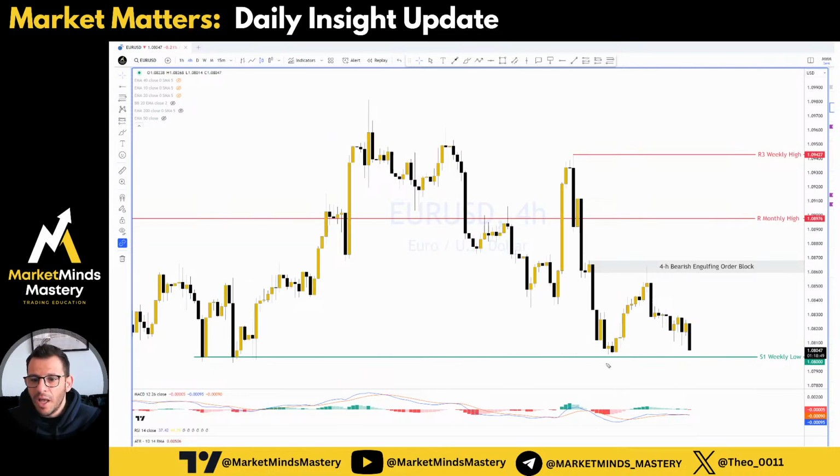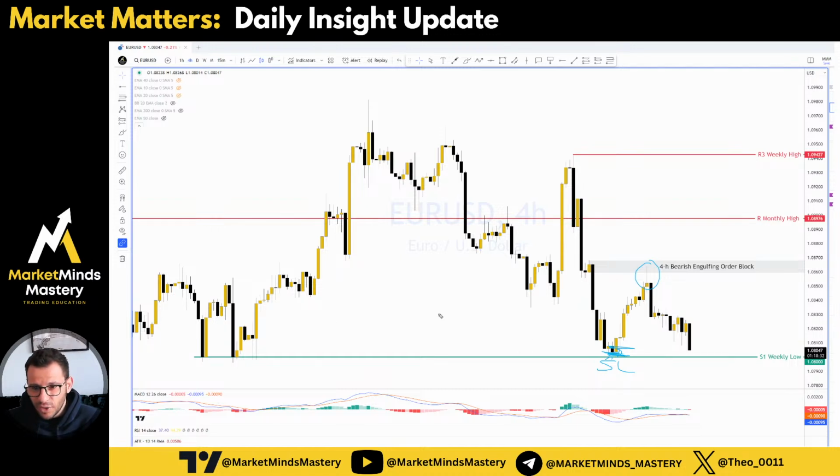Same scenario. Everybody bought around here. They're going to either have their stop losses down there, or if they are in some profit up here, maybe their stop loss is going to be somewhere here, whatever.